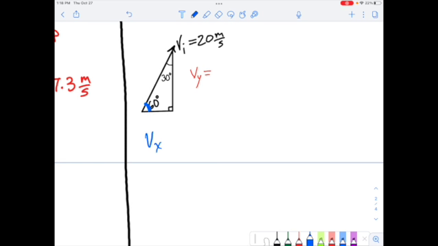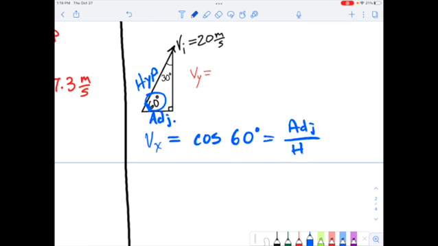So we need to find the horizontal velocity. The cosine of 60 is going to be the adjacent over the hypotenuse, meaning that the velocity we need in the x direction is going to be the hypotenuse, which is the initial launch velocity, times the cosine of 60 degrees.